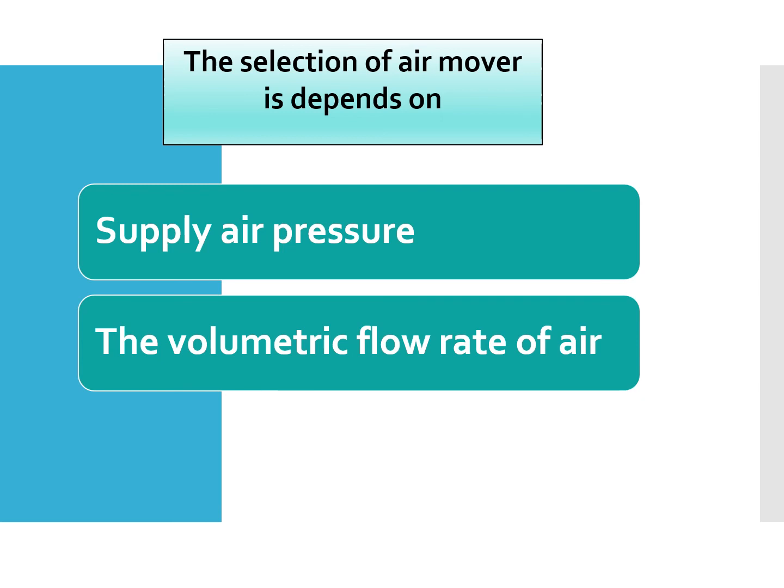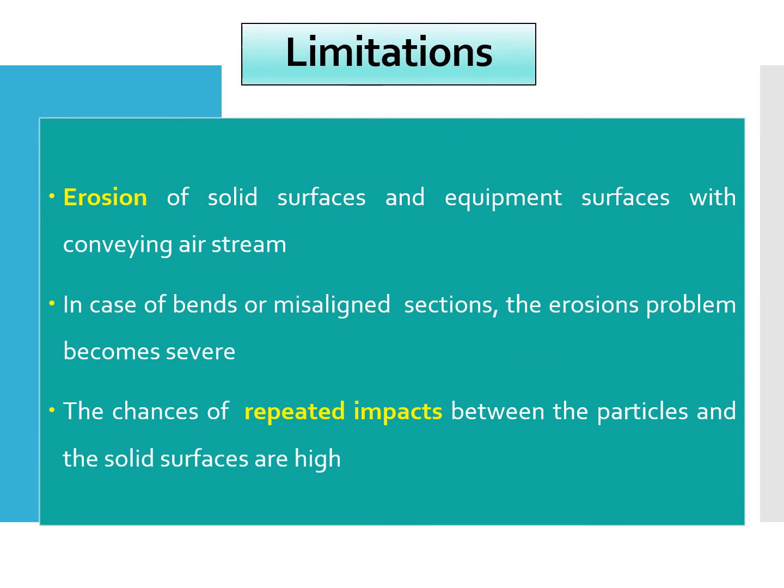In a pneumatic conveying system, the air mover is the most important component. The selection of the air mover is the most important aspect of the design of a pneumatic conveying system. For the selection of an air mover, two factors are considered: firstly, supply air pressure and secondly, the volumetric flow rate of air. There are also some limitations for pneumatic conveyor.